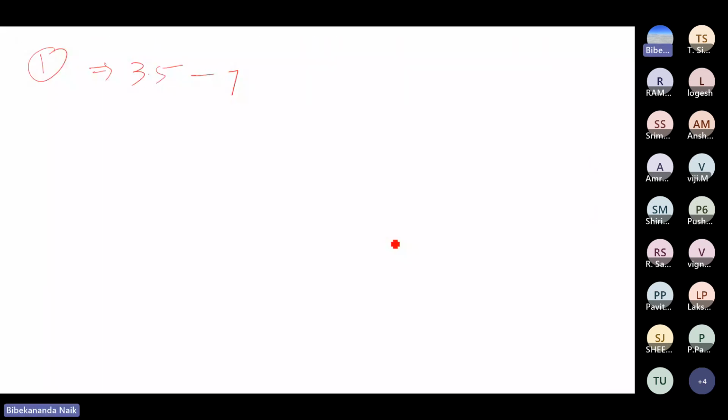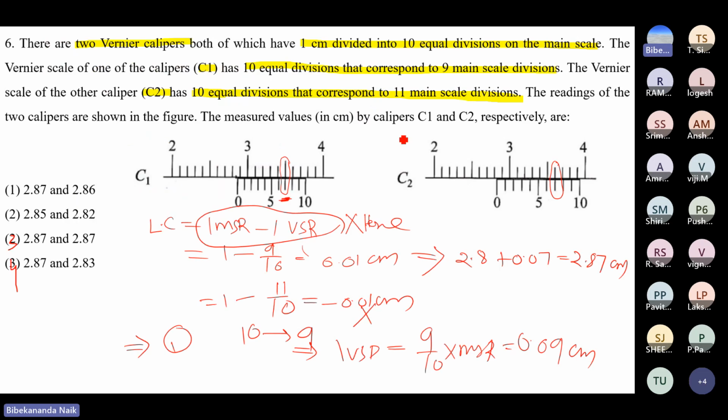So in the first case, the measurement will be 3.5 minus 7 into 0.09, that is 3.5 minus 0.63, which is 2.87 centimeter. And this 2.87 centimeter we also got with the help of the previous way of calculating.